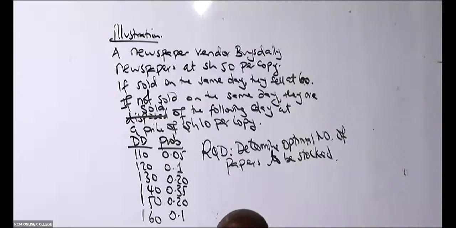So this illustration is great. We are told a newspaper vendor buys daily newspapers for 50 bob per copy. If he sells them on the same day, he is able to fetch a price of Kenya shillings 60, the normal price. But in the event that he perishes with them, then we'll get some characters who will buy these newspapers tomorrow for a reduced price per copy.